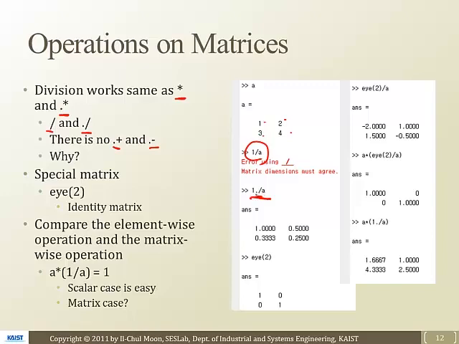Here we put dot here, then we still have 1 as the scalar value, but what we can get is 1 divided by 1, this is 1 divided by 2, and this is 1 divided by 3, and this is 1 divided by 4. Okay, so this becomes a matrix, right? 1 1 1 1. Okay, but this is a scalar value.